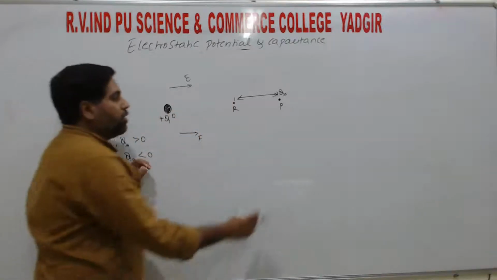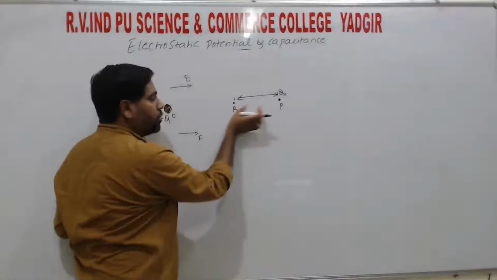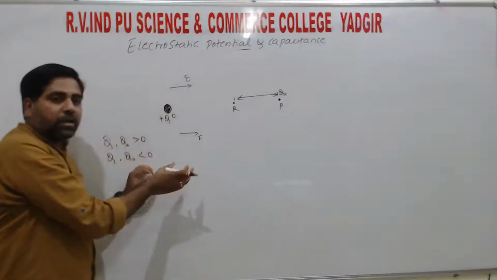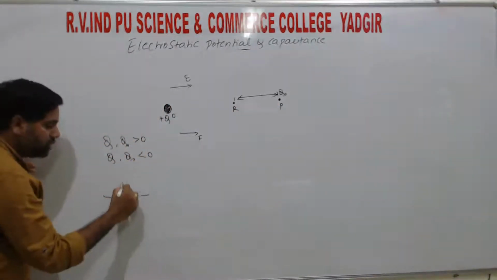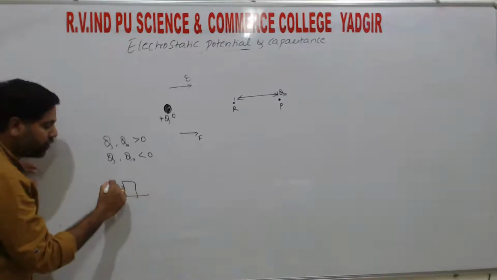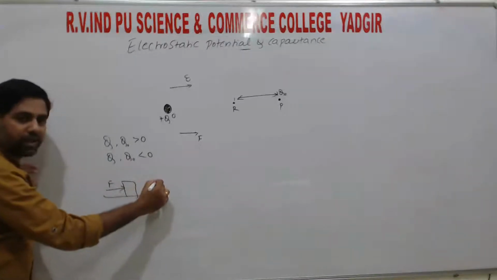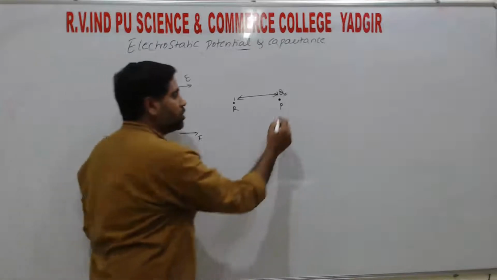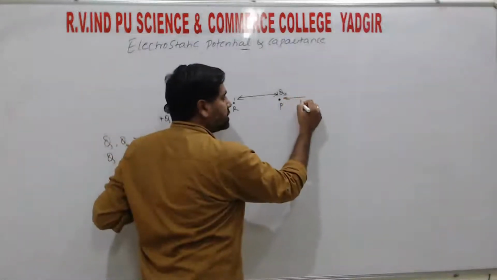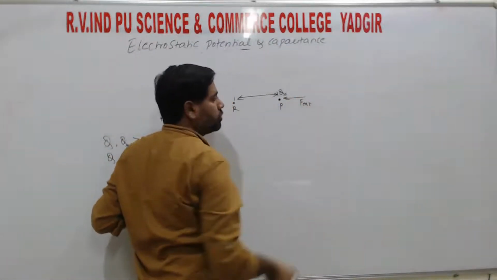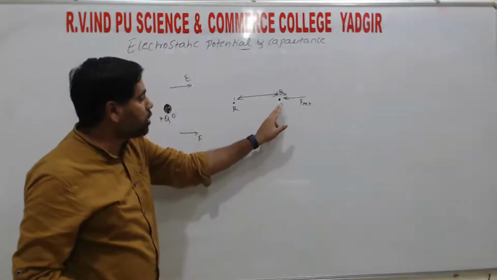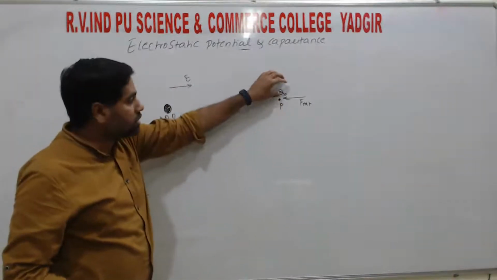So next, we need to bring this charge from P to R. As we discussed in the last session, if we apply a force, then only this object will displace, right? In the same way here also, we are applying some external force to this point charge Q naught.